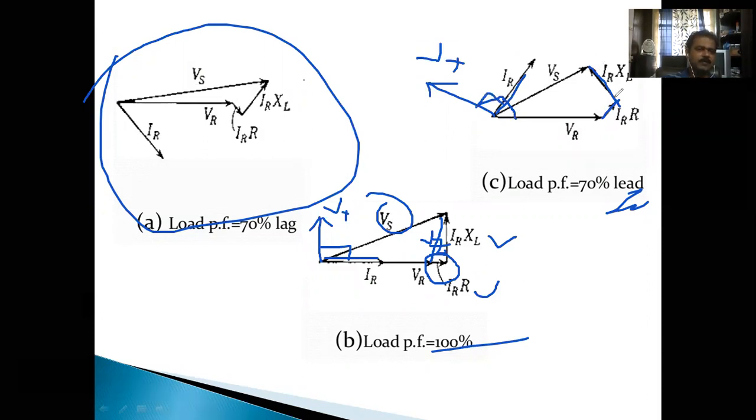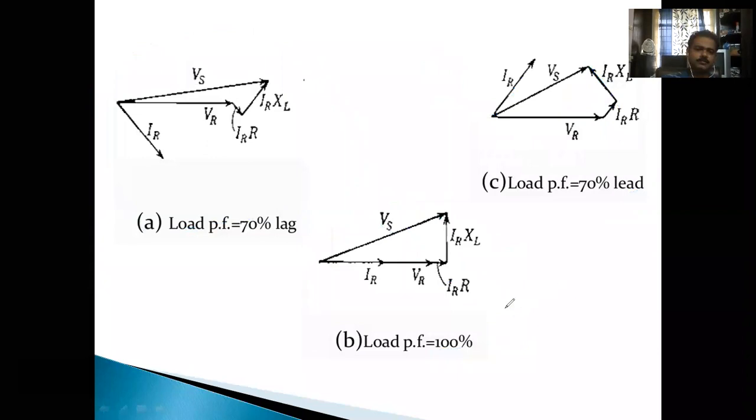That's why I have represented it in this fashion. Again this becomes Vz. VR plus Vz is equal to Vs in the case of capacitive load. Are you able to draw these figures? Now we have considered only the lagging loads.